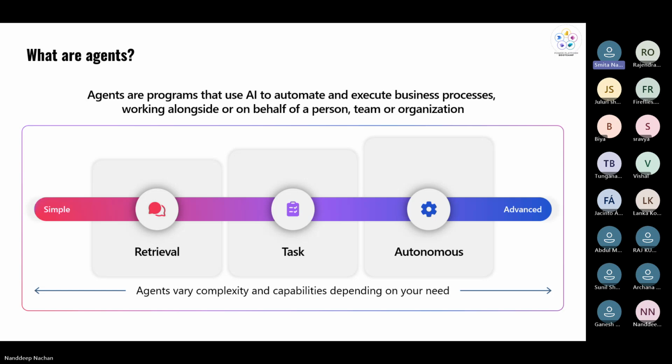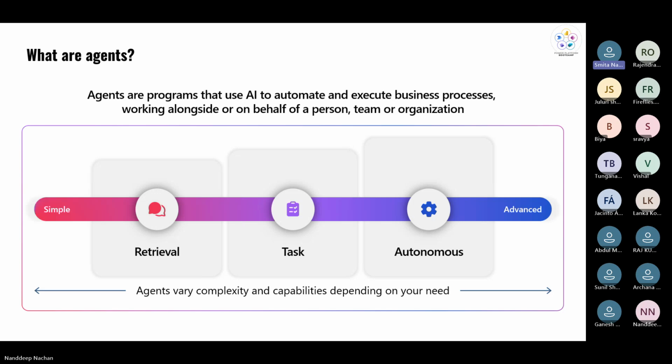So agents can vary in complexity based on what you need. At the simple end, you have retrieval agents that focus on finding the right information such as documents, emails or records. Moving further, task-based agents can perform specific actions like creating tickets, updating data or triggering workflows.